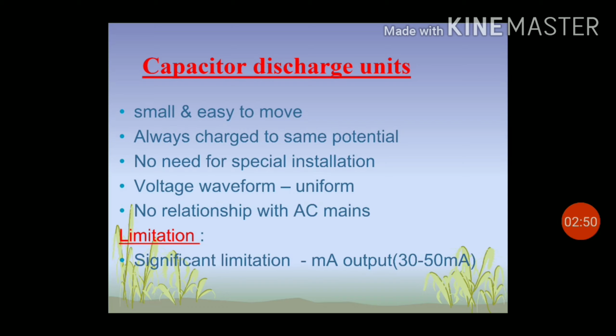The voltage waveform across the tube is uniform rather than pulsating, so there is no relationship with the AC mains supply. The limitation is that the unit has a significant limit on its mA output. It will typically give 30 to 50 mA.